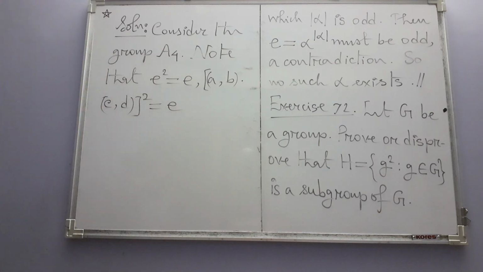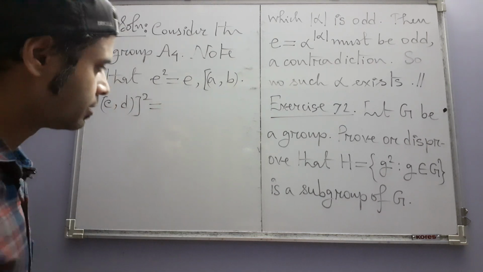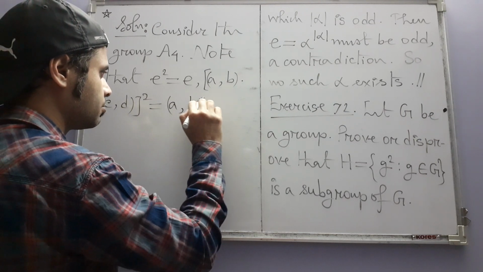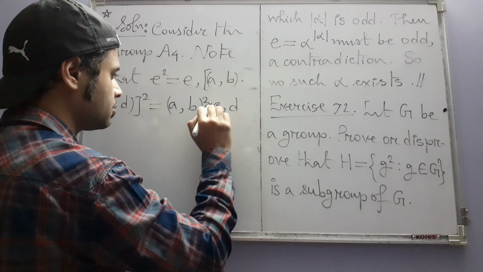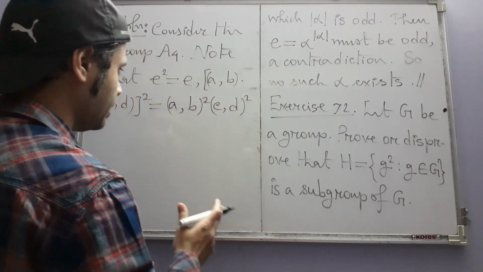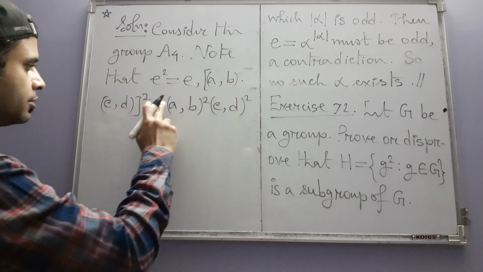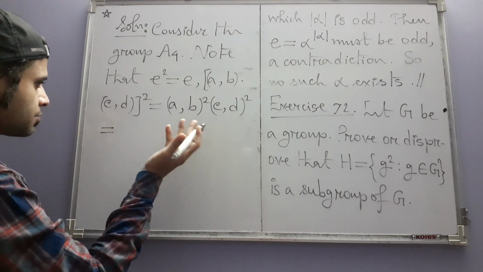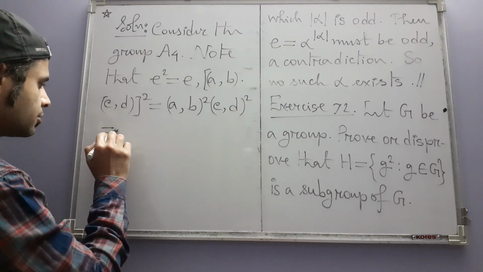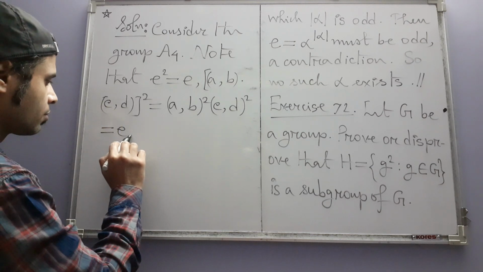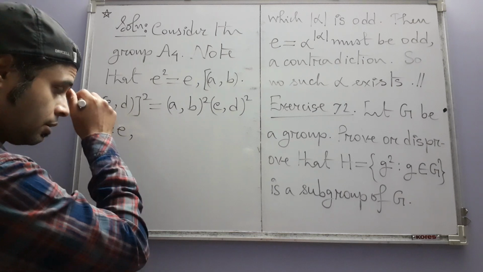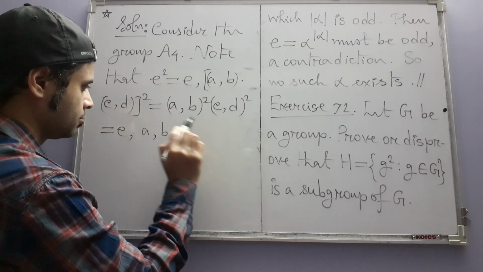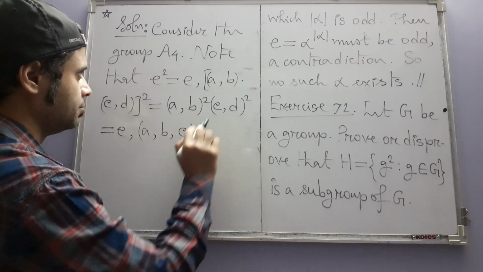In fact, let me just be a little more elaborate and show that this is equal to this square times this square. Why? Because disjoint cycles commute, and transpositions have order 2, so this is also equal to E. Okay. Now what about the square of a 3 cycle, say ABC?